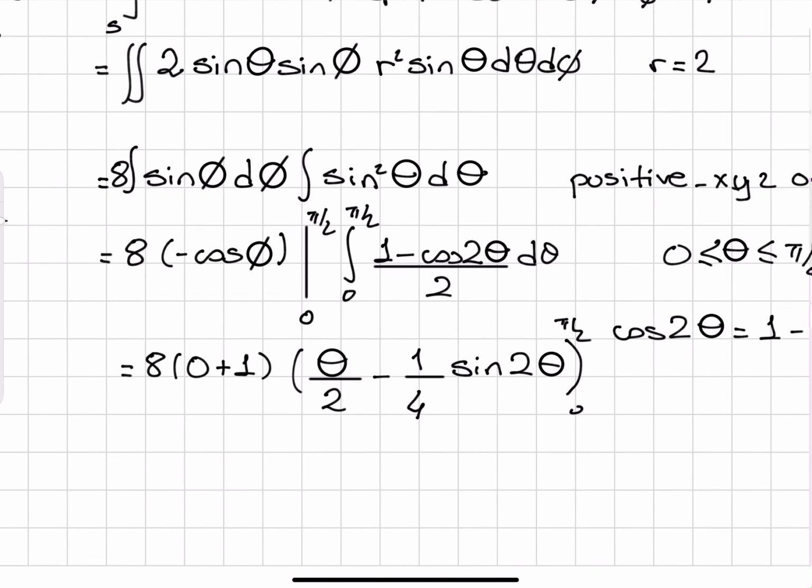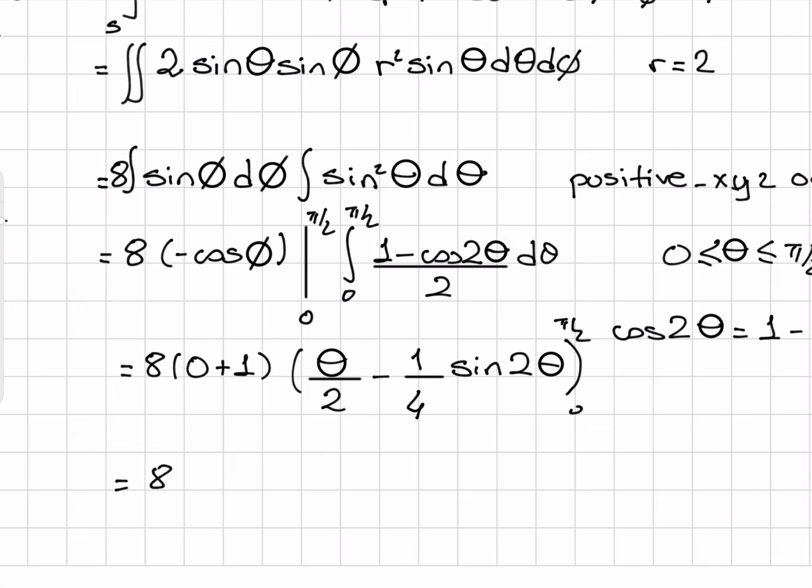So let's do that. So this will give me 8 times. When I substitute theta equals pi over 2, I will obtain pi over 4 for theta over 2, and for 0 I will obtain 0. And then I have minus 1 over 4.